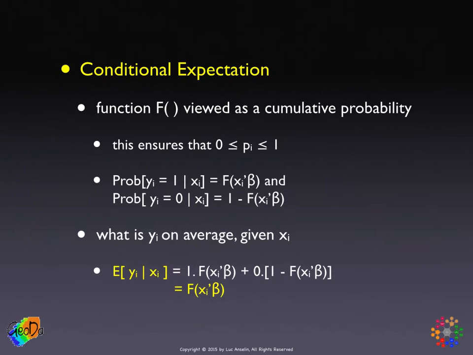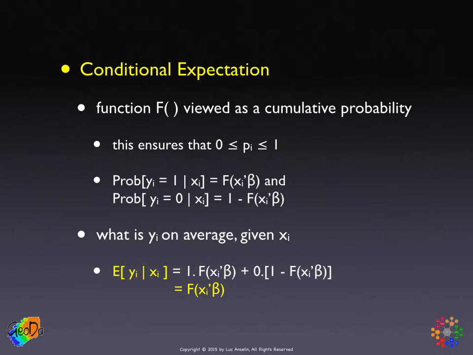So the conditional expectation is the function. And the math is simple. When the event is not observed, y sub i is 0, so that zeroes out the complement, and that's why you set it up this way. So the probability that y sub i is 1 is f. Probability that y sub i is 0 is the complement, 1 minus f.